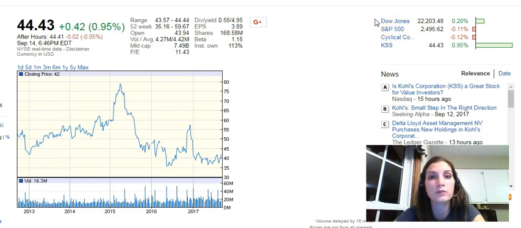So remember, Dow Jones, they take 30 most popular stocks and they average them. You can also add the S&P 500. How is it going against the largest 500 companies? So you'll be able to see how it's doing that way. Again, because I am doing this after the stock market is closed for the day, those options are not available. But if you were to see this, they would be.